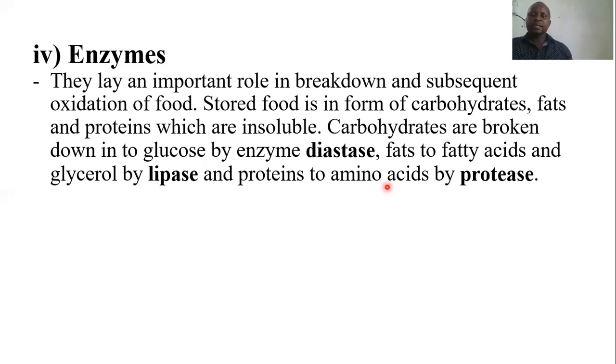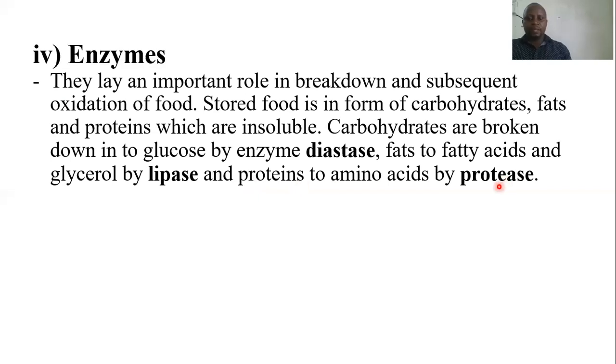So the enzyme that breaks down carbohydrates to glucose is called diastase. That which breaks down fats to fatty acids and glycerol is known as lipase. And those which break down proteins to amino acids are proteases.